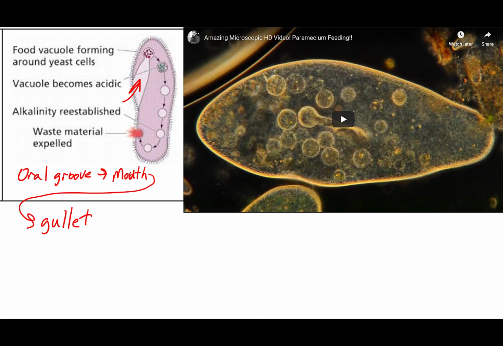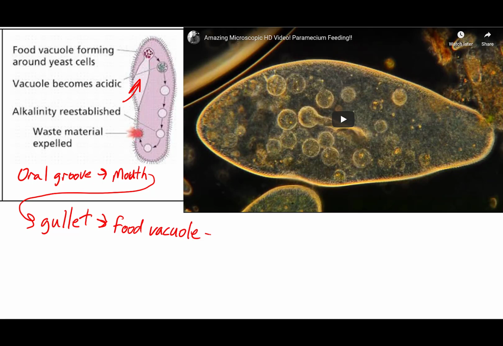They'll have gullets, kind of where, if you don't have teeth, how do you break stuff up? And then that will produce a food vacuole.